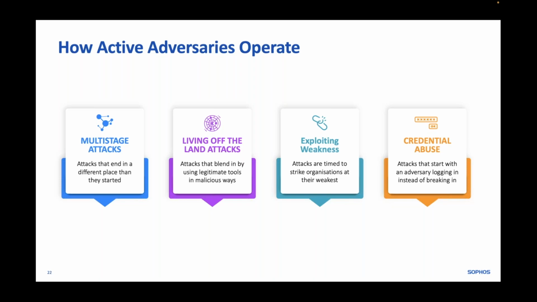Then you've got the fact that cyber criminals often exploit weaknesses. They exploit weaknesses in terms of unprotected devices. We've just talked about that, but they also time their attacks appropriately to target organizations when their ability to respond is at their minimum. And then last but not least, you've got this concept of credential abuse. So using legitimate admin logins, using legitimate user logins against the organization.